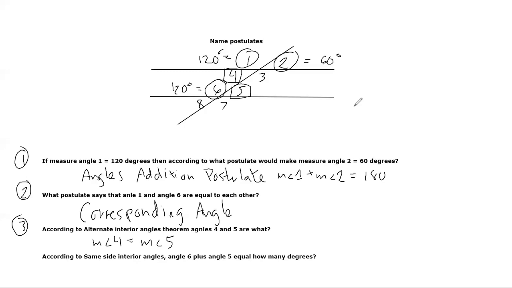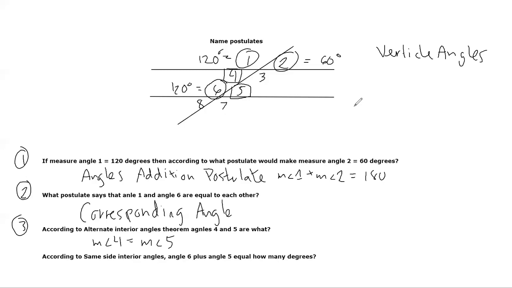Well, you might be thinking, okay, mister, I don't believe you. I don't know why you wouldn't, but let's say you were thinking that. What can we do to prove that? Well, I want you to take a look at measure angle 2. I know I didn't explain this last time, but 2 and 4 have something in common. They're what we call vertical angles. Now, I know I haven't covered this, but vertical angles are angles that are opposites to each other. They're diagonal to each other in terms of position.